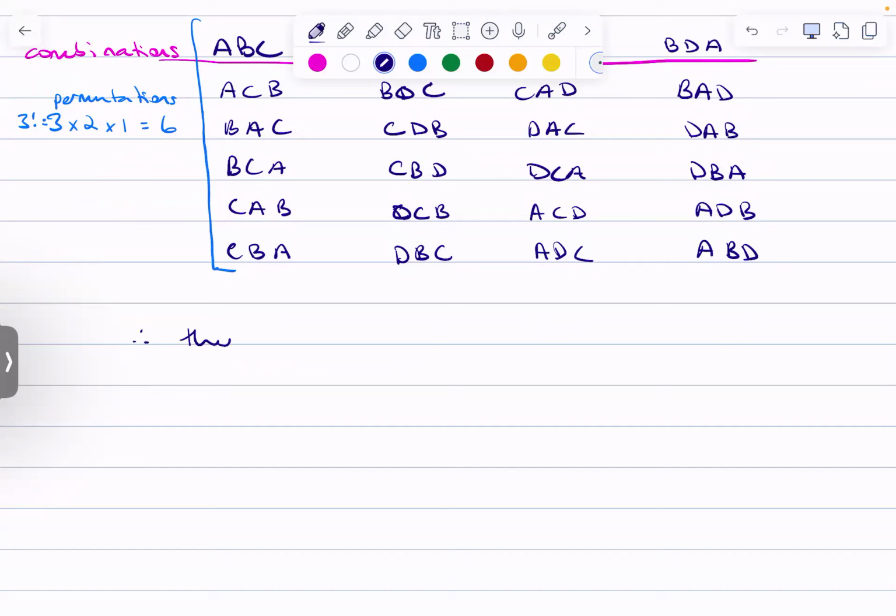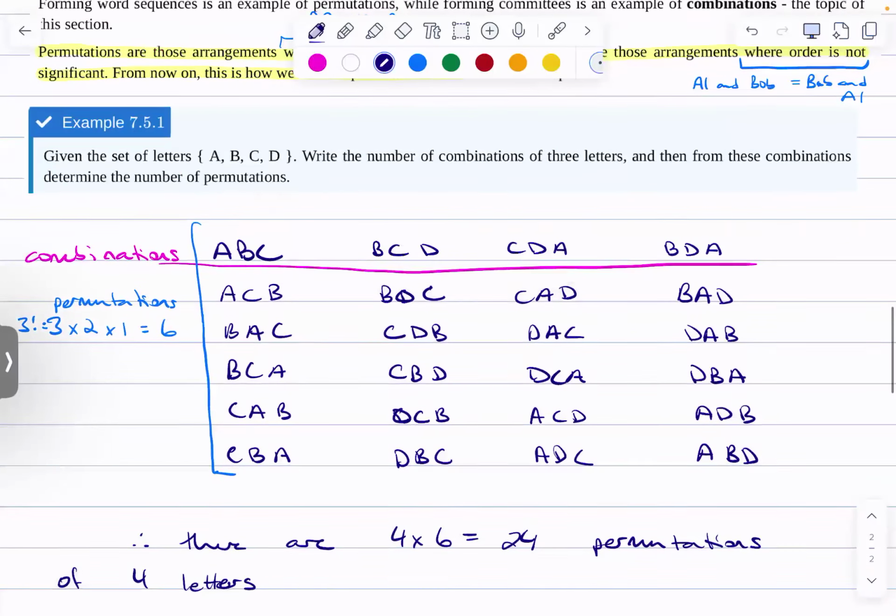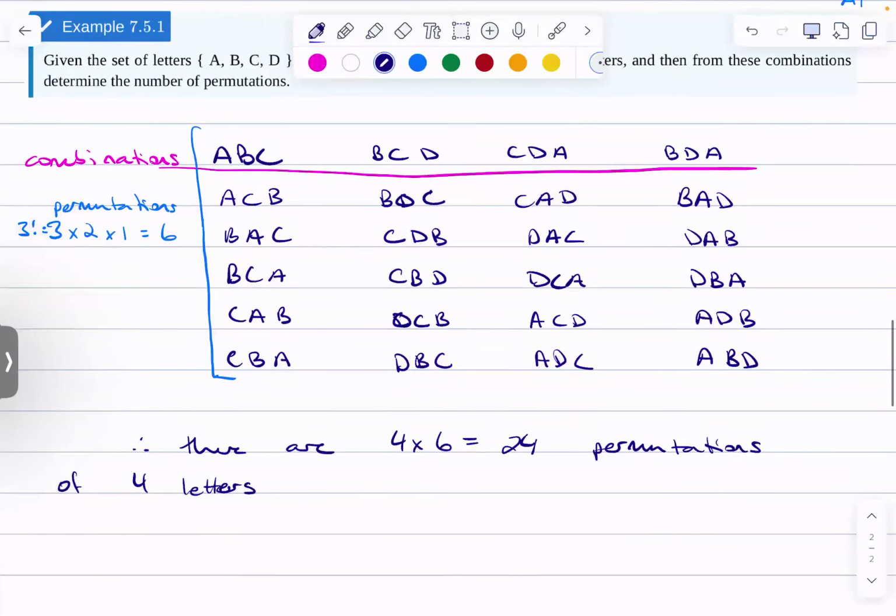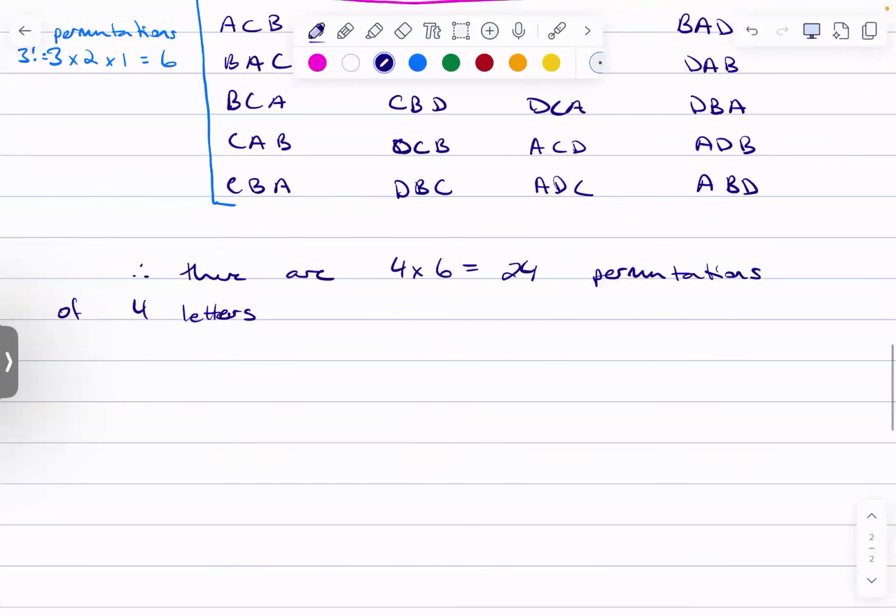Therefore, there are 4 times 6, which is 24, but let me confirm. Permutations of 4 letters into length 3.